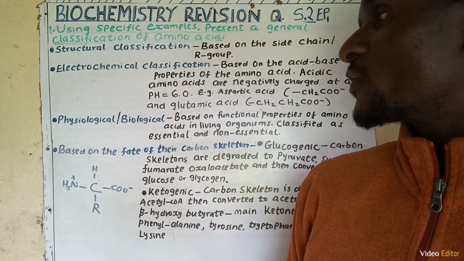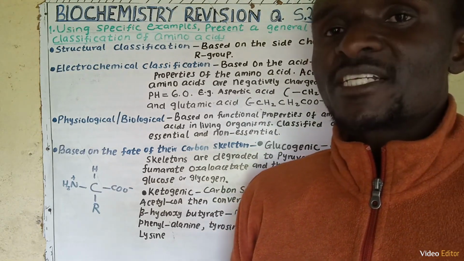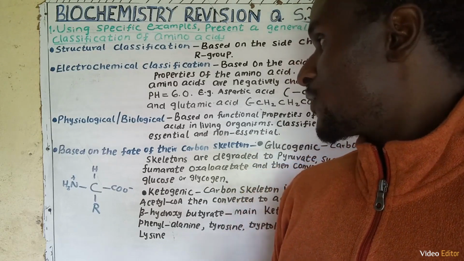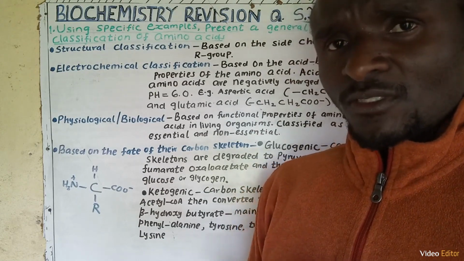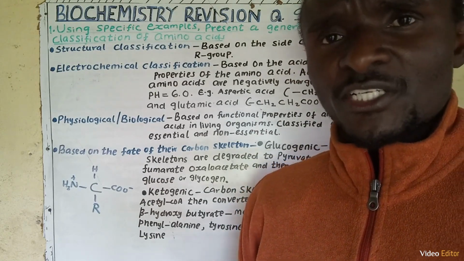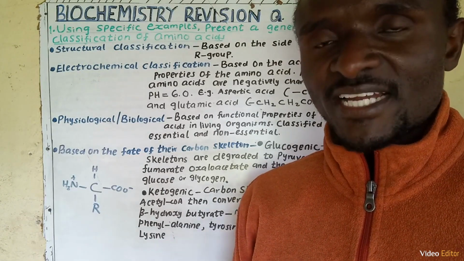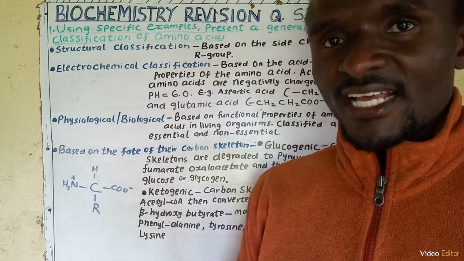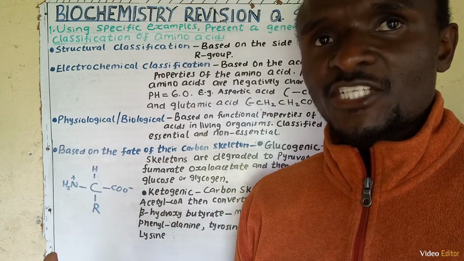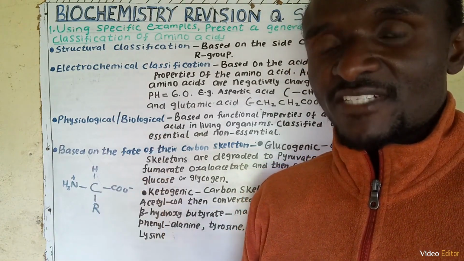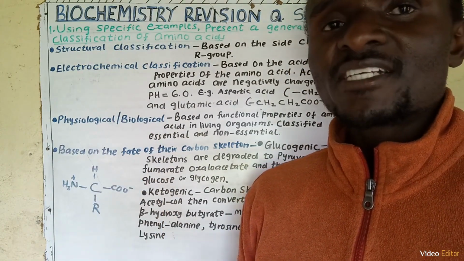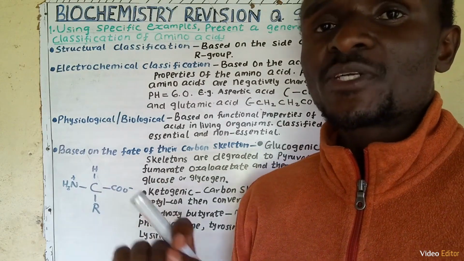Then we can also classify them based on the physiological or biological functions. Based on this, you need to know that amino acids may be classified as essential or non-essential. There is a video that I have shared on the difference between essential and non-essential amino acids.